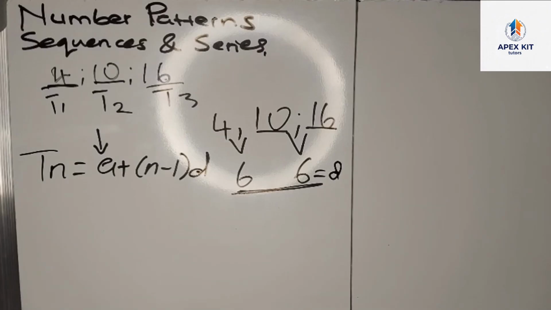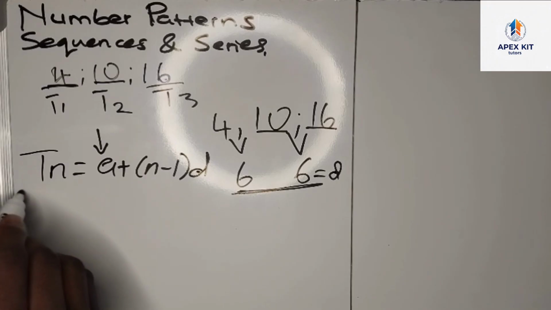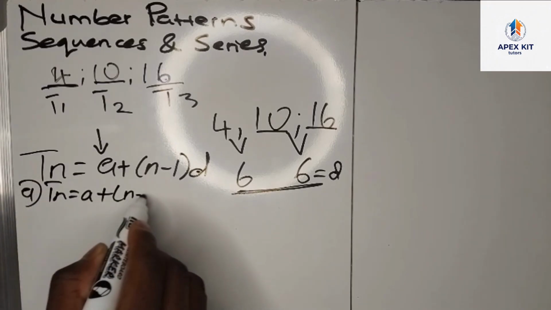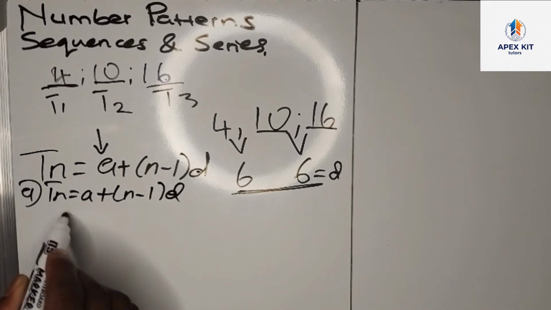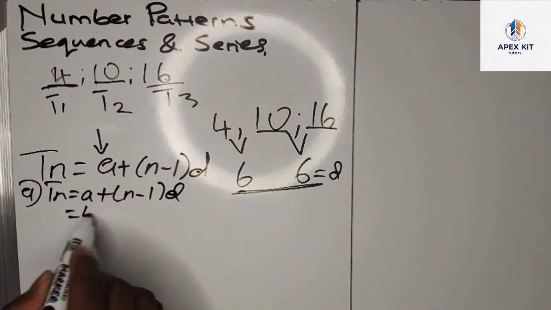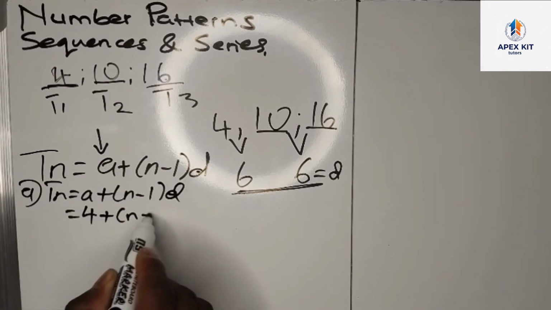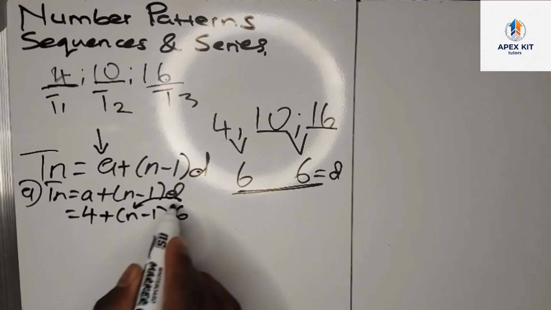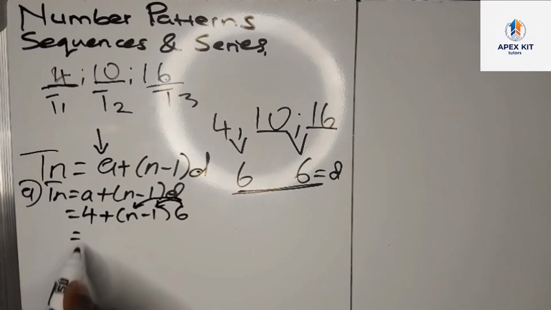To get the general term, the first question said we must calculate the general term. Tn equals a plus (n minus 1) d. The first term is 4, plus (n minus 1), and the difference we got is 6. We distribute the 6.